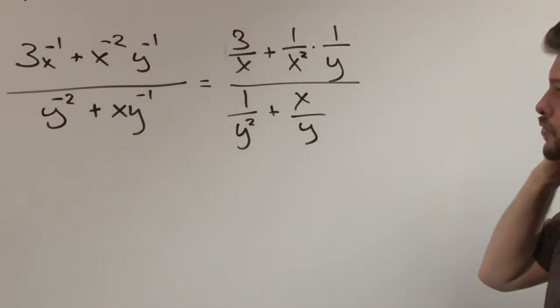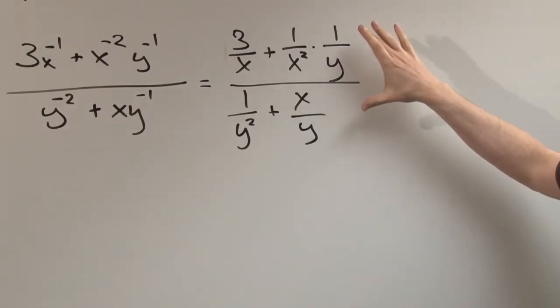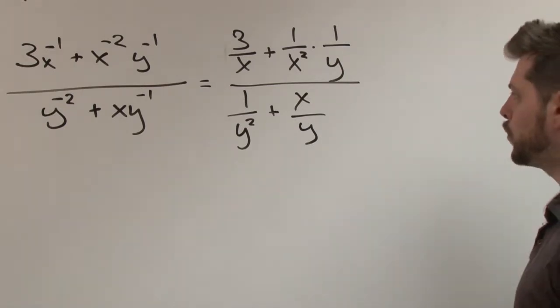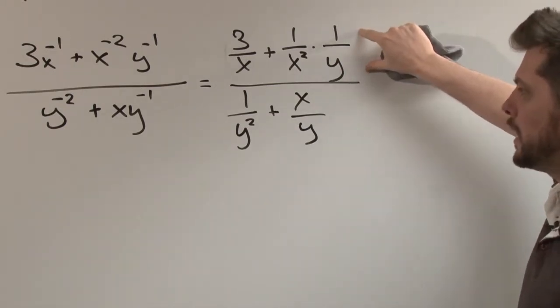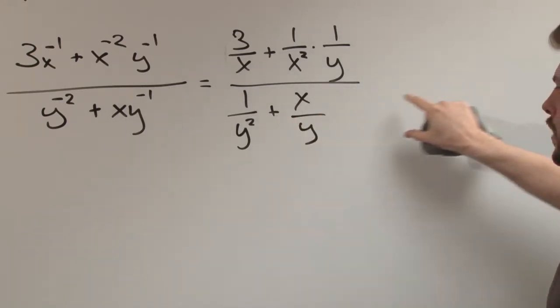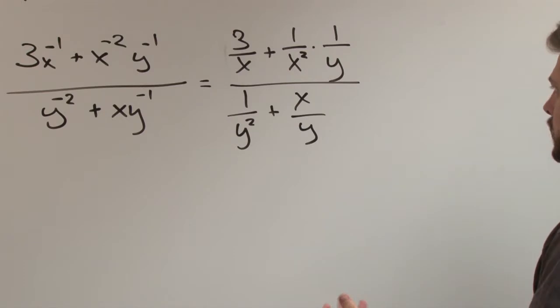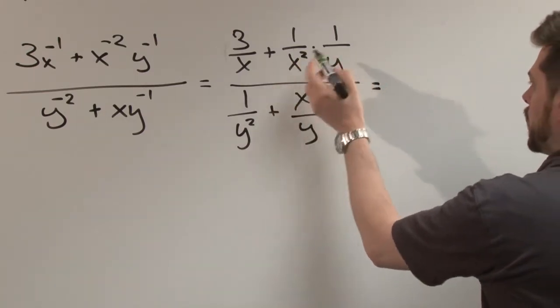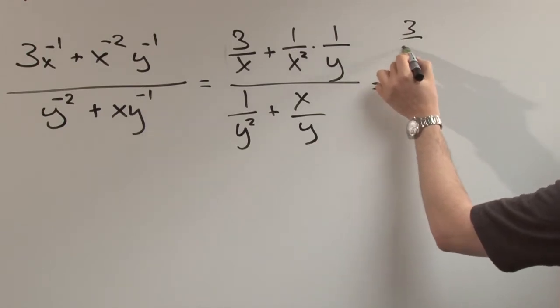But we'll use the same strategy now that we recognize that we're dealing with a complex fraction that needs to be simplified. We'll use the method that we've been using so far, where we'll find a common denominator so that we can get our terms into one fraction, and do the same for our denominator, and then apply our rule and simplify.